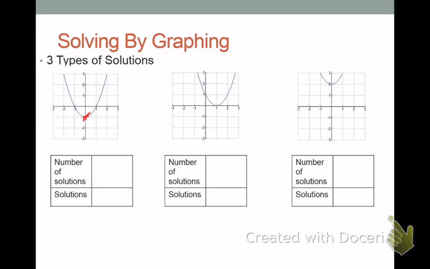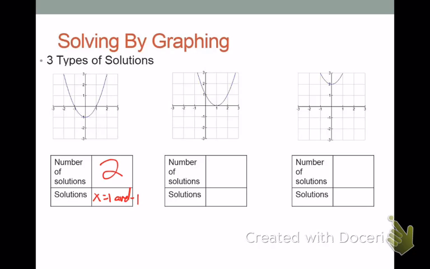In either case, how many solutions is that function going to have? Well, again, the definition of a solution is where the graph crosses the x-axis. And since this guy crosses here and here, there are two solutions. For this particular quadratic function, the solutions would be 1 and -1.